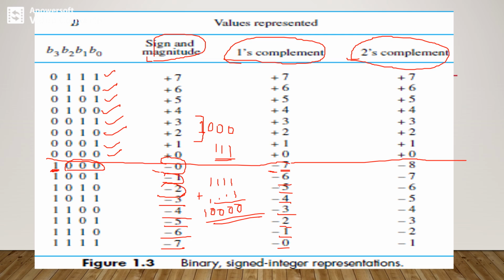We can get minus 8. So this is the value minus 8. Similarly, you will get the equivalent values for the remaining ones: minus 7, minus 6, minus 5, minus 4, minus 3, minus 2 and minus 1.